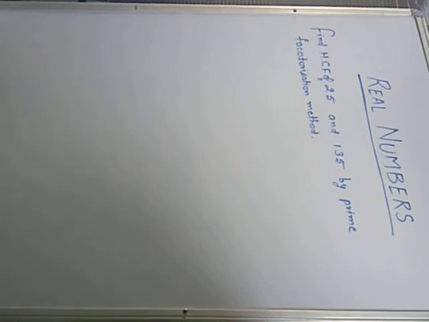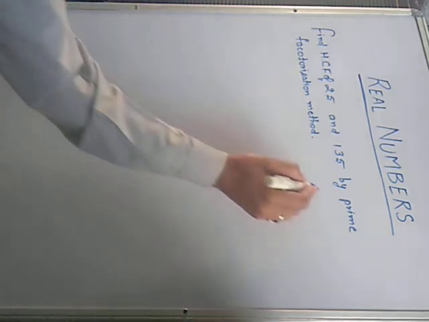Now we have to find the HCF of 25 and 135 by the prime factorization method. In this method, first we find the factors of 25. The factors are 5 into 5. Then we find the factors of 135. The factors of 135 are 3 into 3 into 3 into 5.